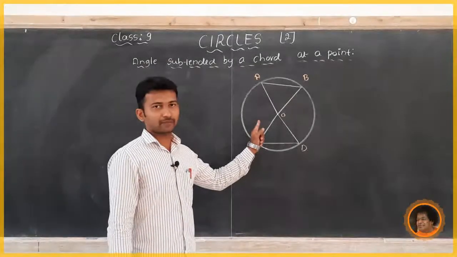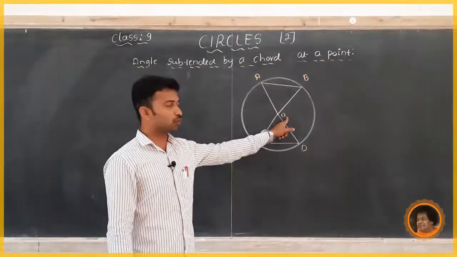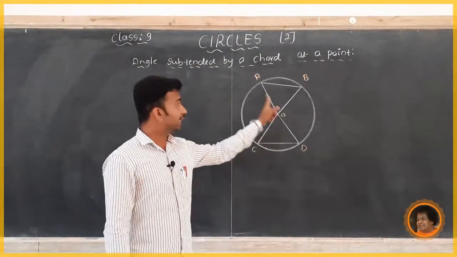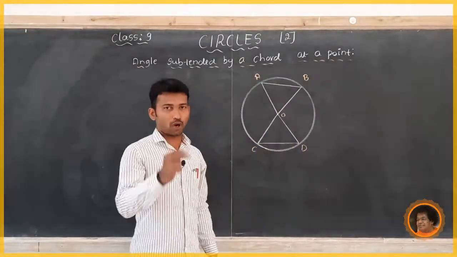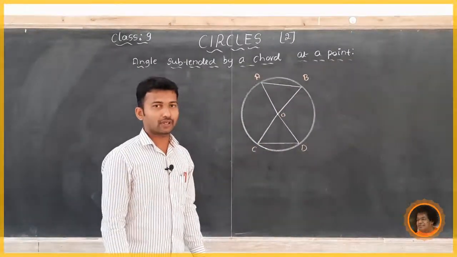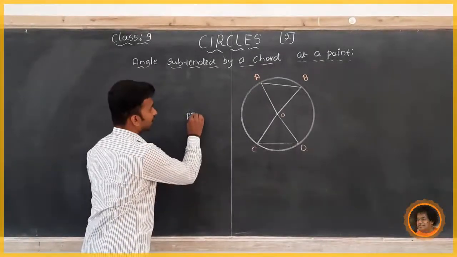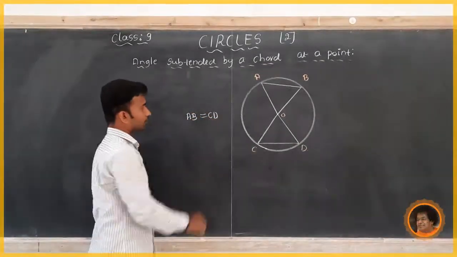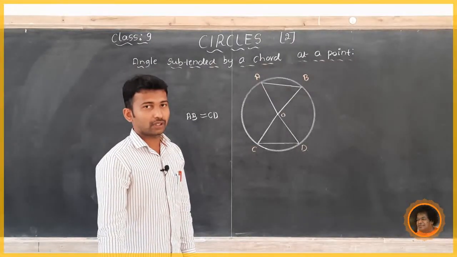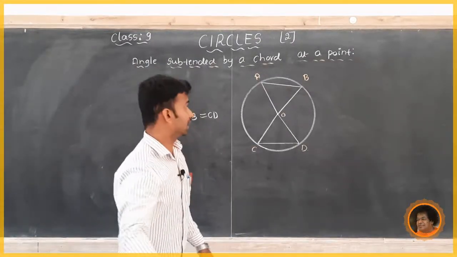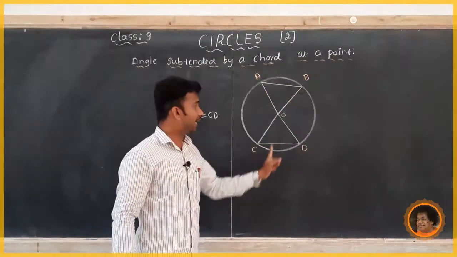Consider the circle with center O, and AB and CD are two chords, and also AB is equal to CD. Now measure the angles AOB and COD.